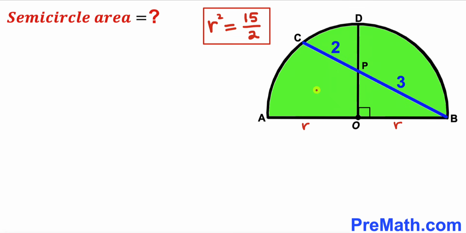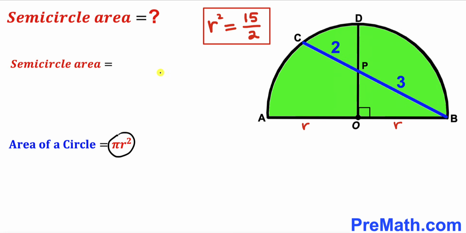Here's our final step. Now we calculate the area of this green shaded semicircle. Let's recall the area of a circle formula: area is always pi r squared, where r is the radius. So our semicircle area is half of that, which I can write as pi divided by 2 times r squared.